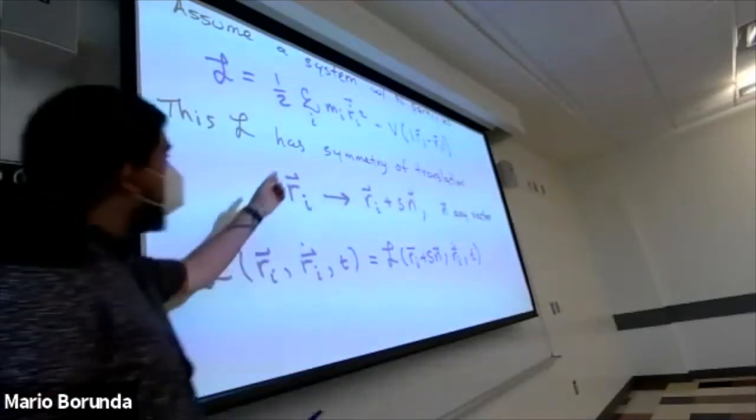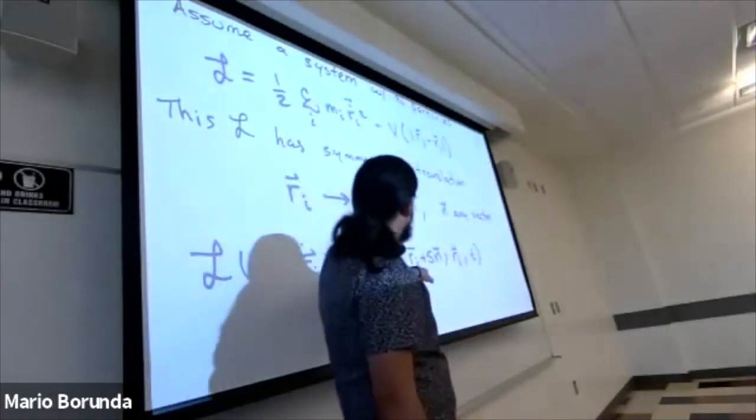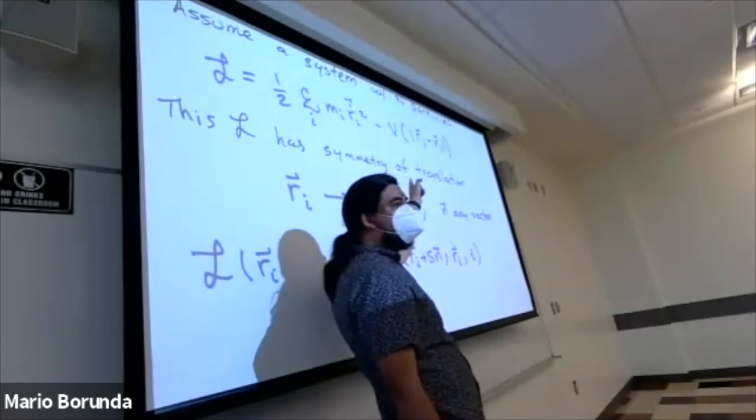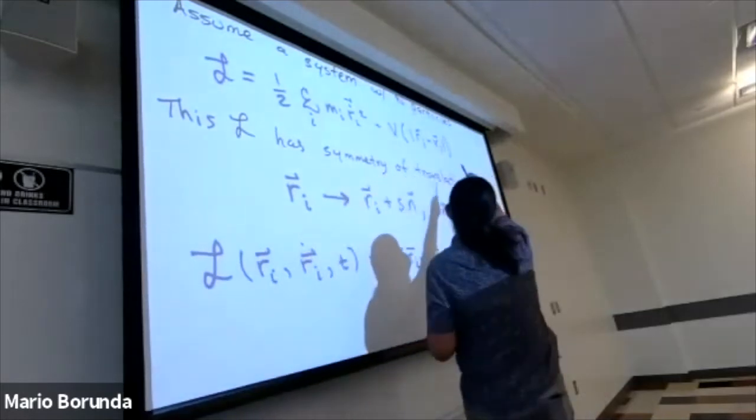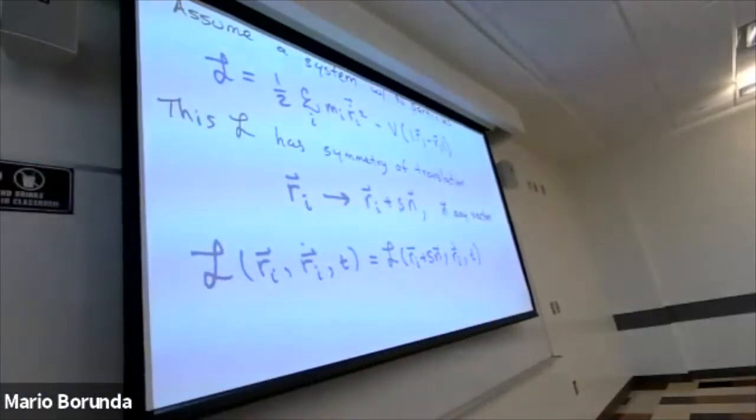So if I replace all of my Ri's and Rj's by this Ri translated by Sn, I should get the same thing because you're adding it and subtracting it in both ends. Make sense?